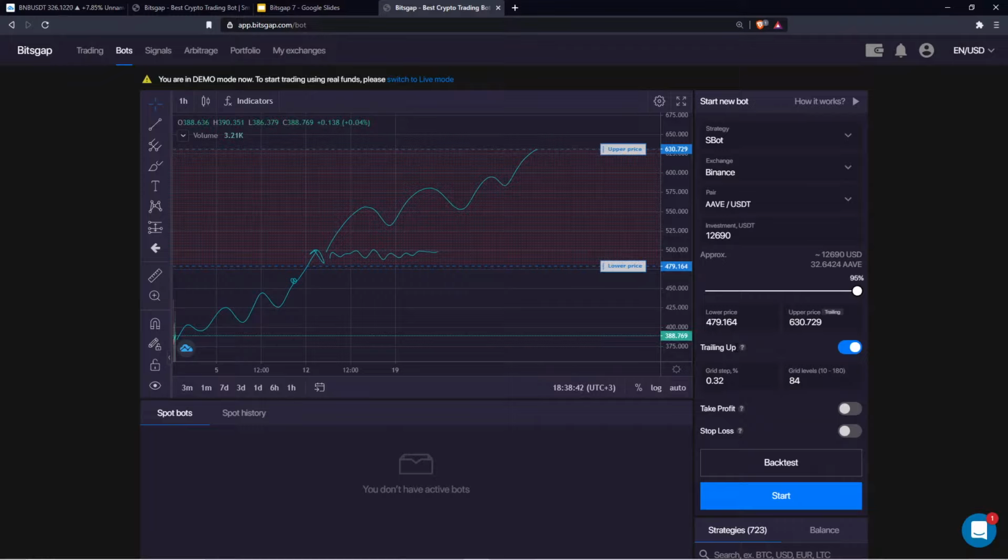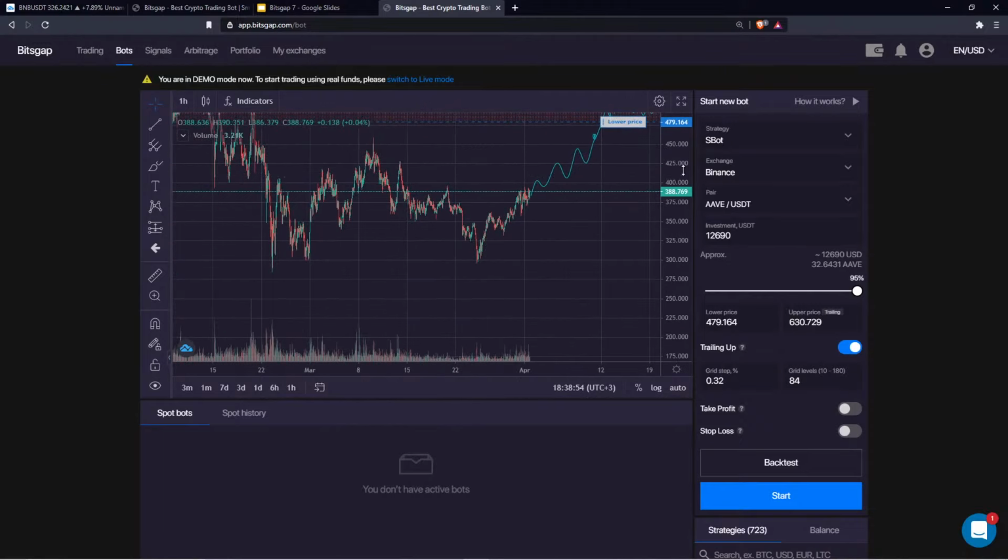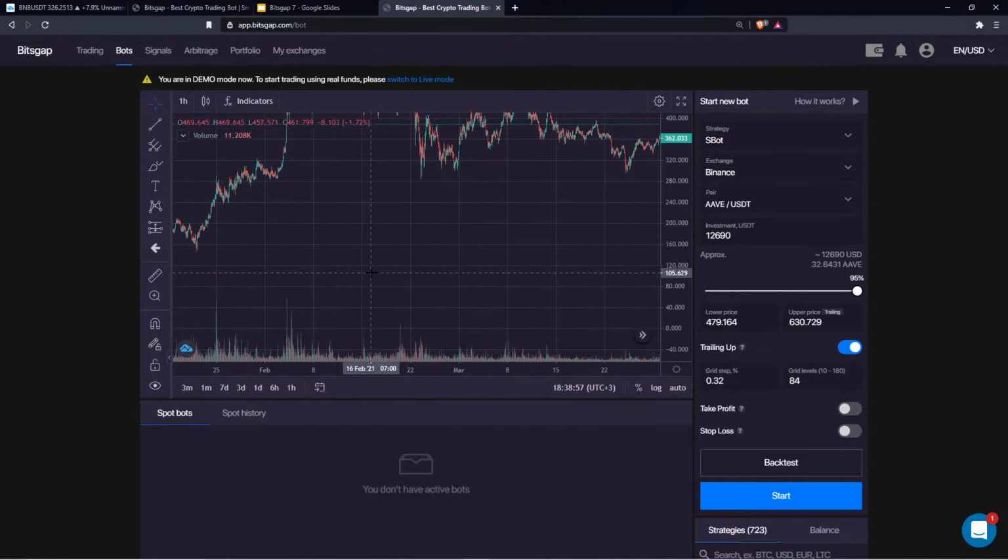And once you come back, you see the price of Bitcoin at the area of $60,000. And thanks to the trailing up, the bot would still trade for you. So you would not miss this big rally from 10K to 60K.